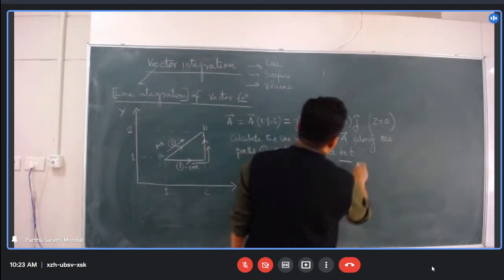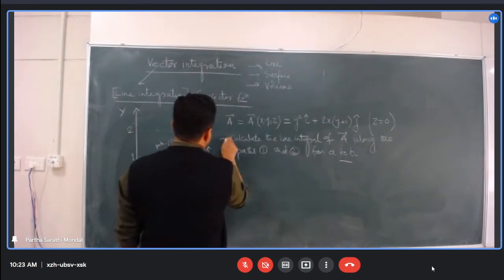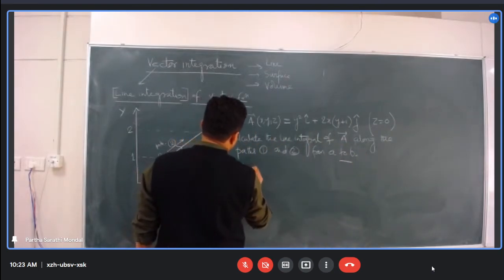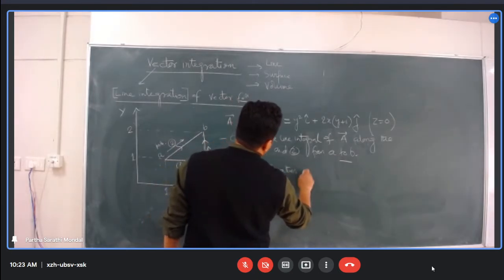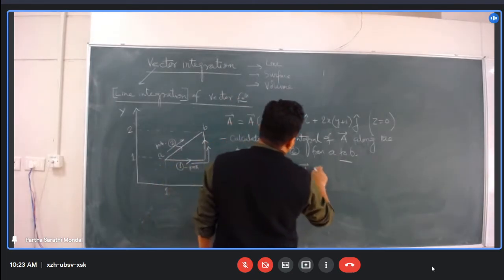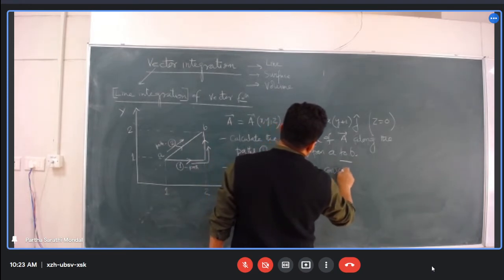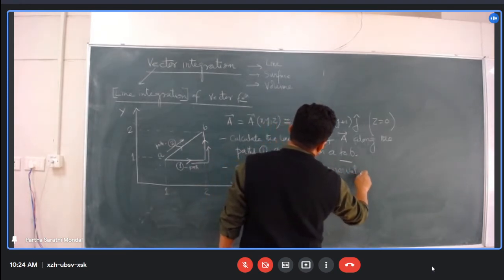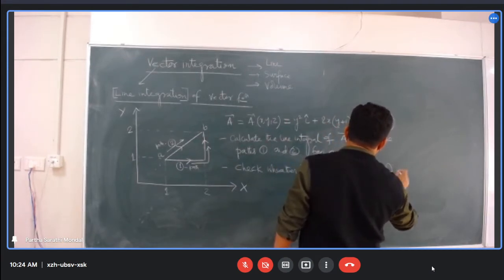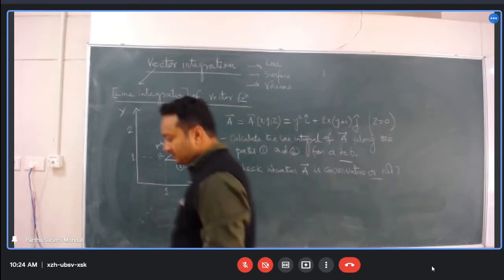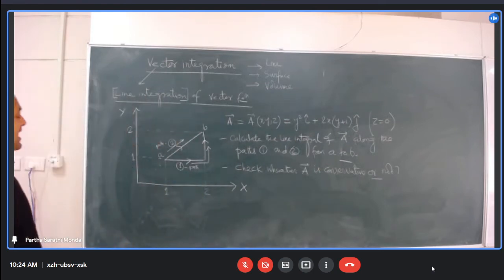And check, उसके बाद और भी देख सकते हैं, check whether A is conservative or not. So these are the two things we can calculate.